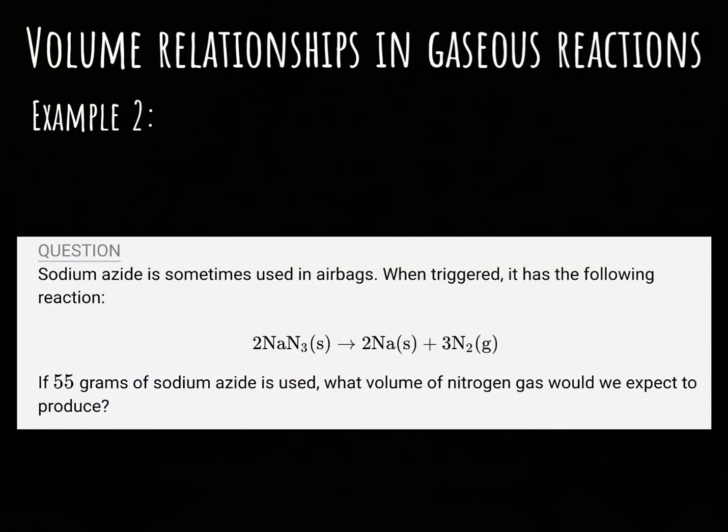All right, our next example says sodium azide is sometimes used in airbags. When triggered, it has the following reaction. So they give us the balanced chemical equation. Sodium azide gives sodium as a solid and nitrogen gas. Now they continue to say that if 55 grams of sodium azide is used, what volume of nitrogen gas would we expect to produce?